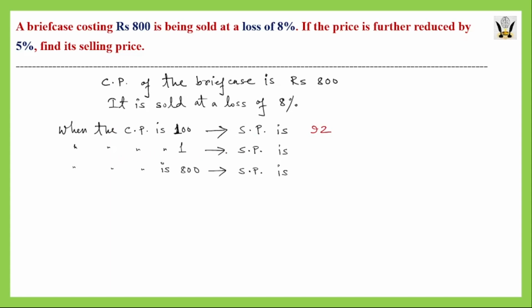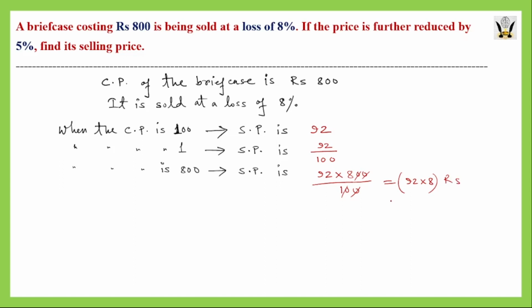If the cost price is 1, then the selling price will be 92 divided by 100. And if the cost price is 800, then the selling price will be 92 multiplied by 800 divided by 100. So finally it will be 92 multiplied by 8, this much rupees.